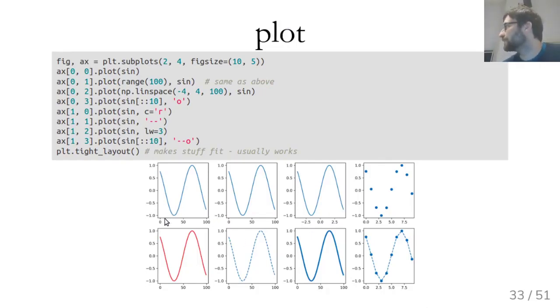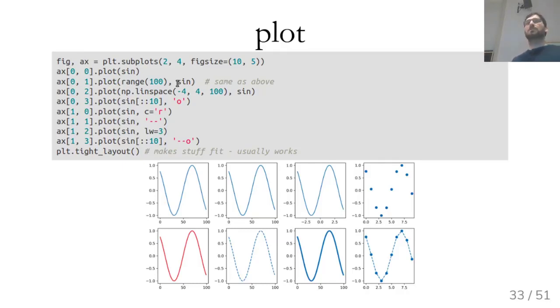So there's 100 values and it goes from 1 to 100. I can also explicitly give both the x and the y-axis. So if I give two arrays, it's the x-axis and the y-axis. And then I can also change them.